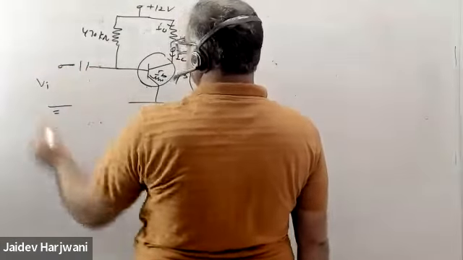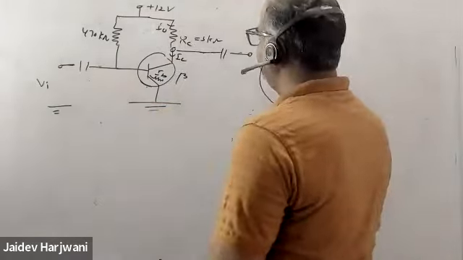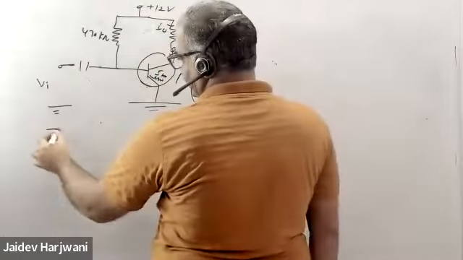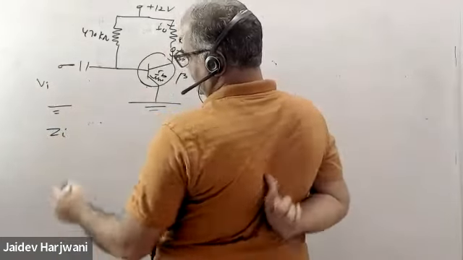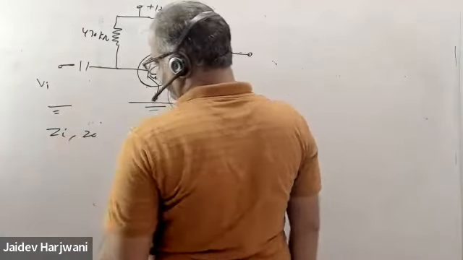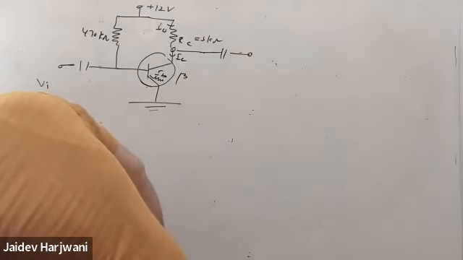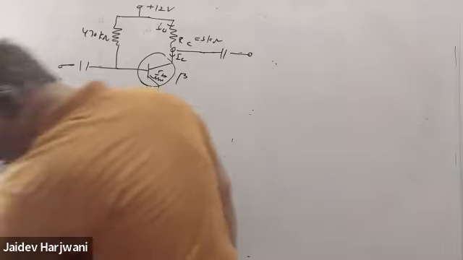This is your circuit. Okay, so calculate the values ZI, Z naught. What are they asking? Find ZI and Z naught.